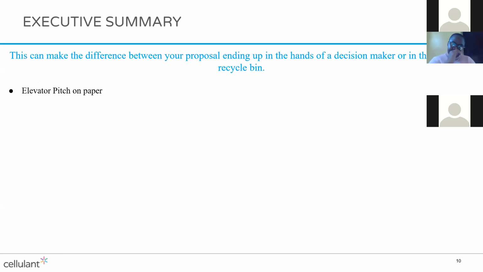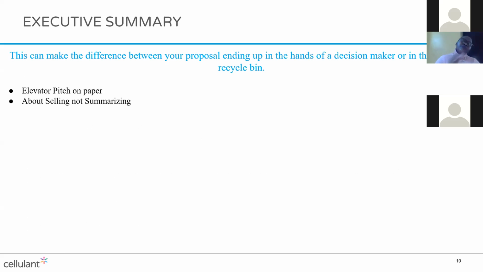So the executive summary for me, like I said, is a very important aspect of the proposal. This can make the difference between your proposal ending up in the decision maker's hands or in the recycle bin. See it as an elevator pitch on paper. You have about a page or 2 pages maximum, depending on the depth of the proposal, to write your elevator pitch.